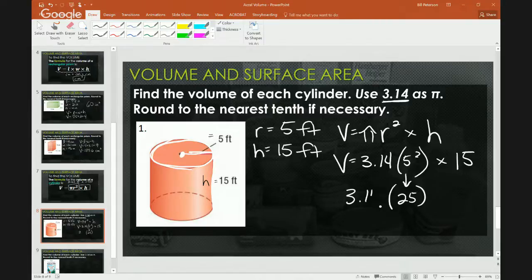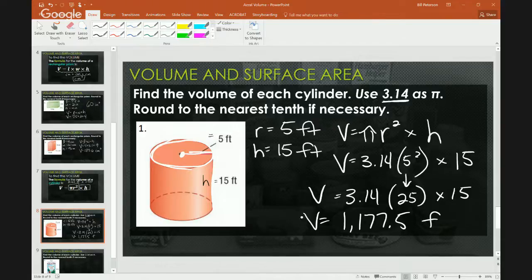We're rewriting everything so when we go to multiply, we have something to double check our work with. Please remember that 5 squared is 25 and not 10. Our volume here is 1,177.5. And our label, just like our rectangular prisms, is going to be cubic feet for this one.